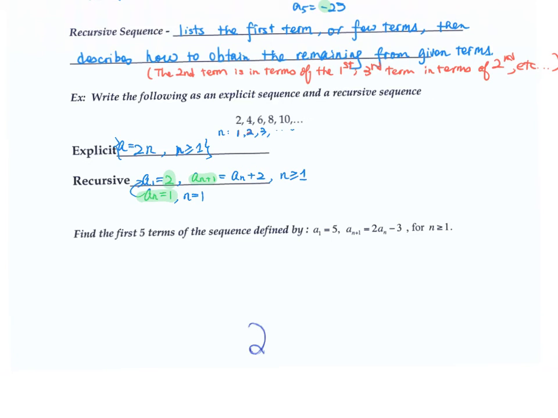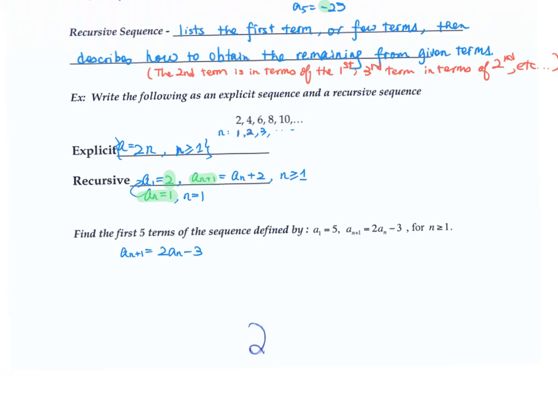Next one is find the first 5 terms of the sequence defined by a1 equals 5, and an plus 1 equals 2an minus 3. Okay, so let's see.